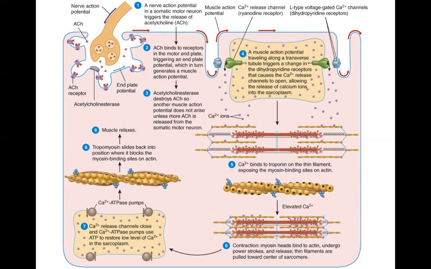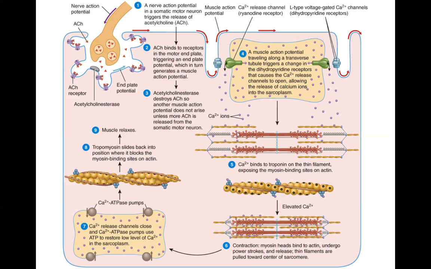Then the myosin heads can connect, go through the contraction process, cycle through that contraction cycle as we just saw a couple slides ago. And that's going to continue as long as we have adequate calcium and adequate ATP. But if that nerve signal stops, all this goes away.